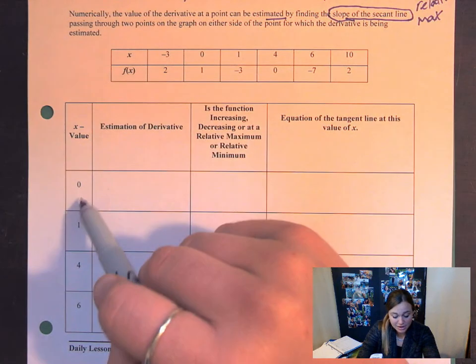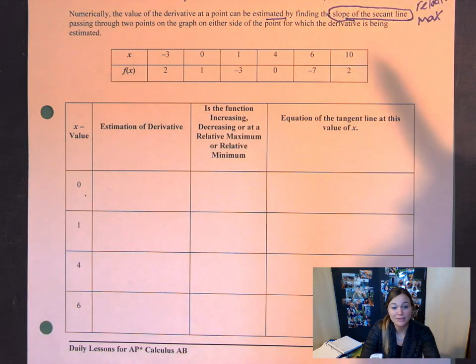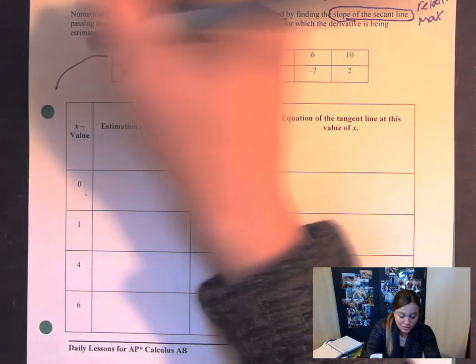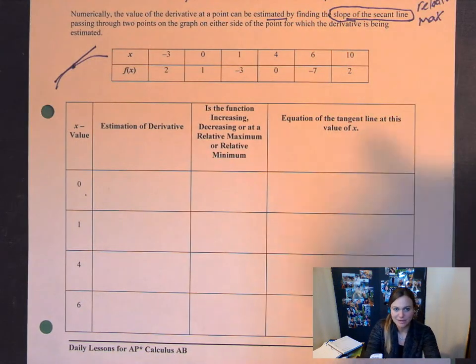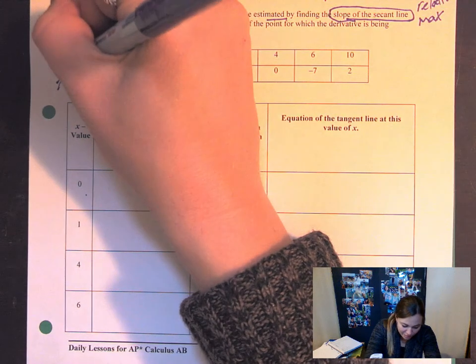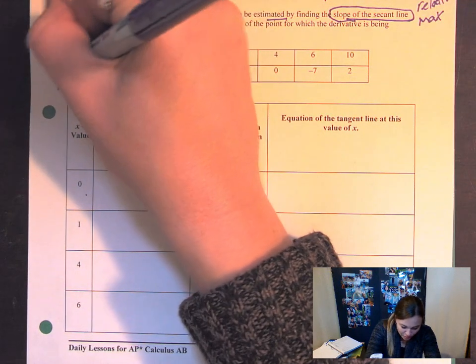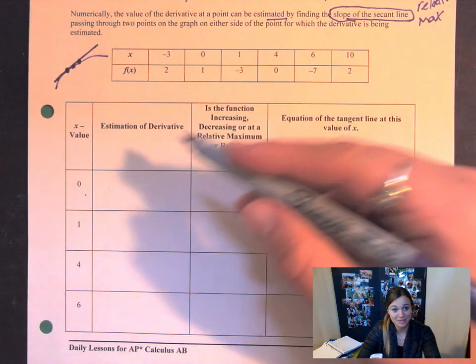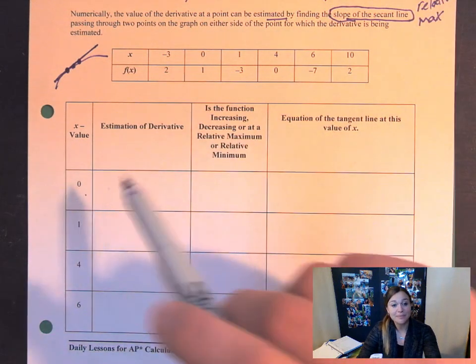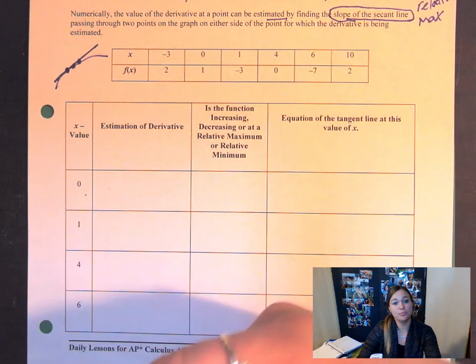Let's say at x equals 0, I want to find the derivative, the slope of a tangent at a point like that. It's not my best tangent line. If I found the slope of a line that went through 2 points beside it, it almost looks like the same line because I'm not that great at drawing. That's pretty close. It's a pretty good estimate.